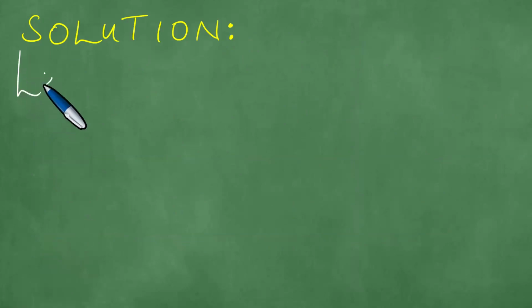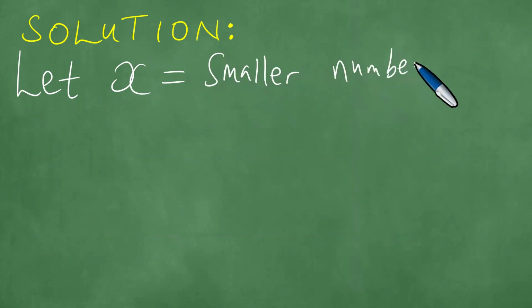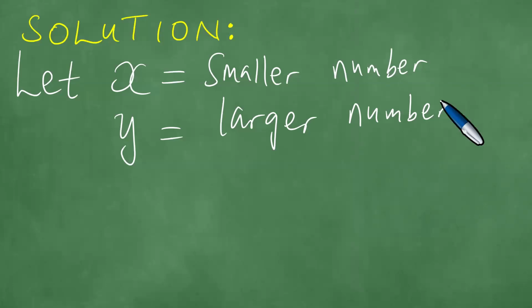Right, in presenting the solution, we begin as follows and we say let x be equal to the smaller number. Simultaneously, y becomes the larger number. Right, like so.